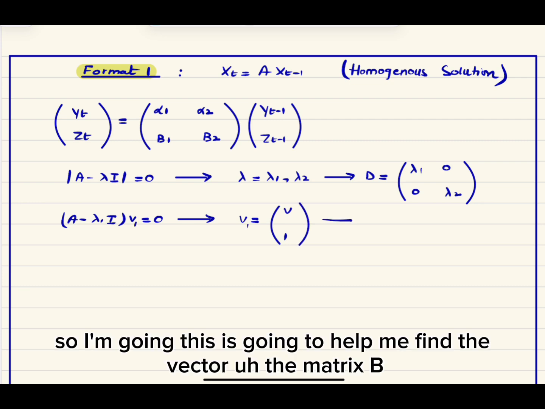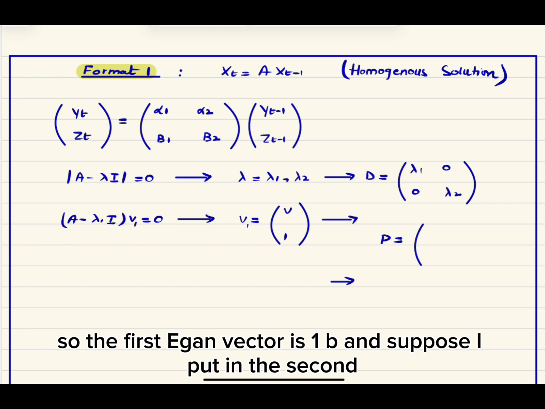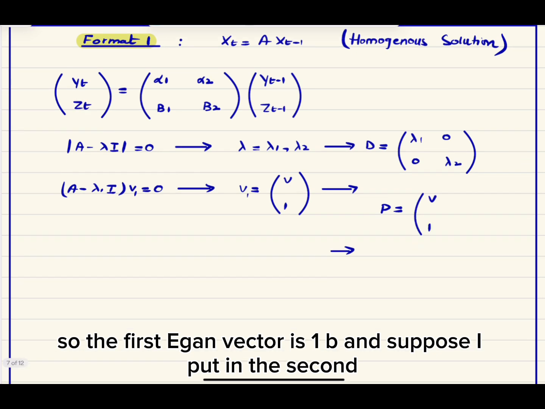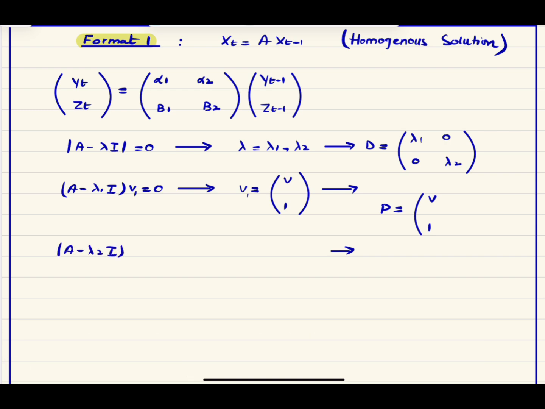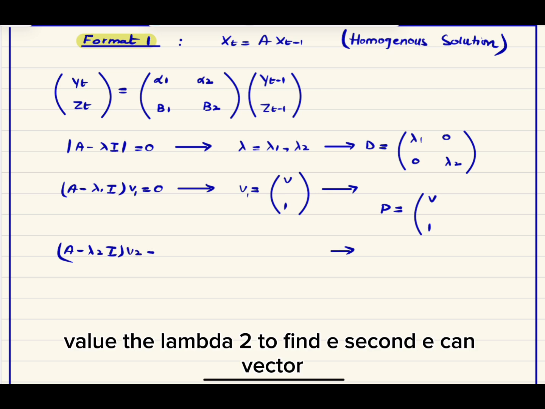This is going to help me find the matrix P. So the first eigenvector is (1, v), and suppose I put in the second value, lambda 2, to find the second eigenvector.